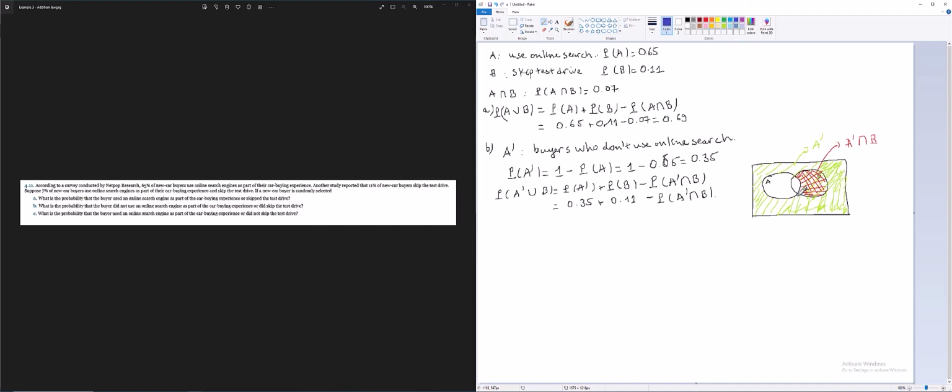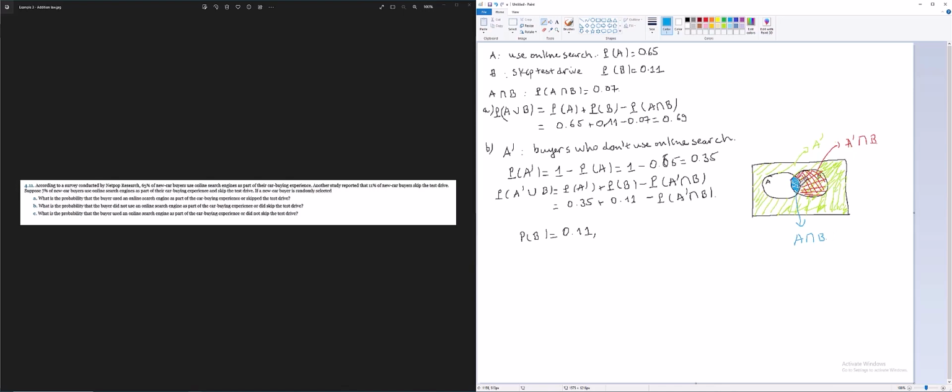This part in blue is actually A intersect B. So the red part and the blue part make up B. The probability of B is 0.11, and the blue part is A intersect B, which is 0.07.